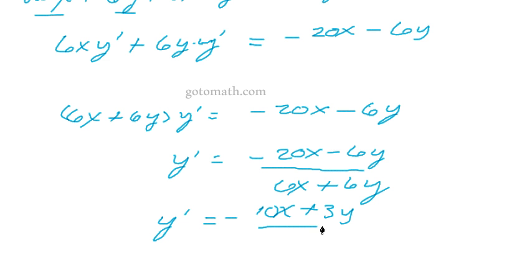And 2 goes into 6 3 times. 2 goes into this 6 3 times. Okay? And of course I went ahead and factored the negative completely out because I got a feeling in the problem this is probably what I'm going to end up doing. And remember, if they were asked to find dy dx, we'd be writing dy dx here instead of y prime. So keep that in mind.